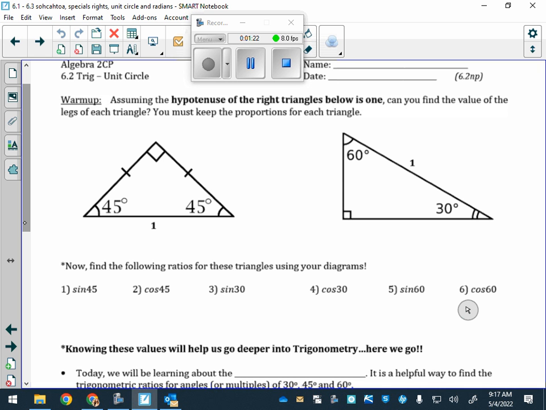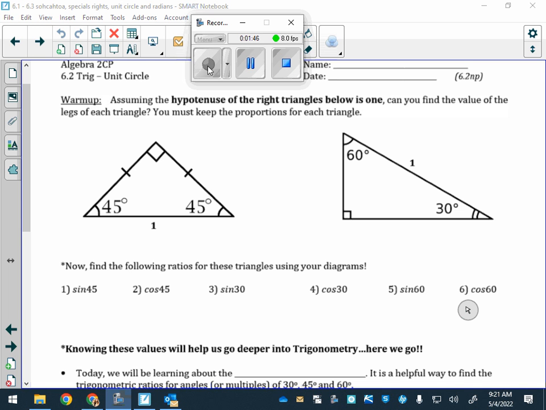Given that the hypotenuse for both is 1, find the side lengths of each. Try it on your own first, and consult with someone next to you if you get stuck.